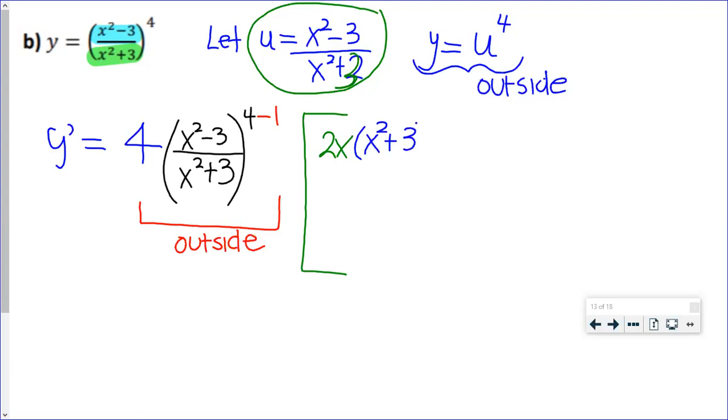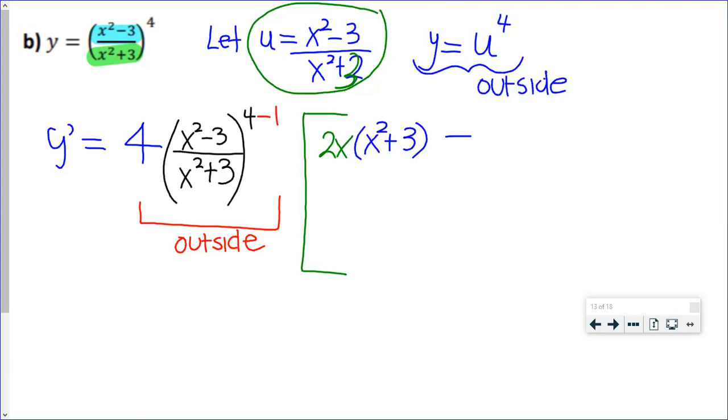I'm going to multiply that by the original function in the denominator. How I remember that is d top times bottom minus, this is not a sum, this is a difference, d bottom.